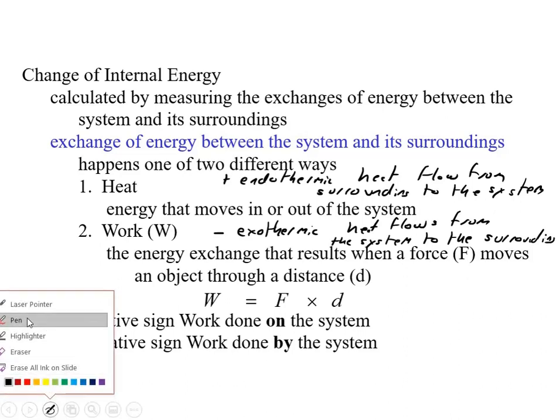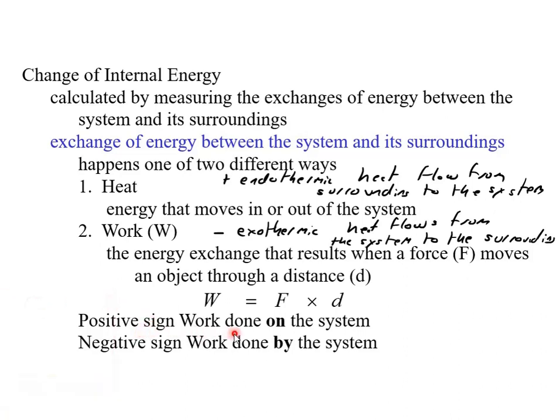Whereas for work, a positive sign of work means that the work is done on the system. So we're going to look at a plunger system. And so when you push in the plunger, the work is being done on the system. A negative sign means the work is being done by the system, so a plunger or a piston raising up.